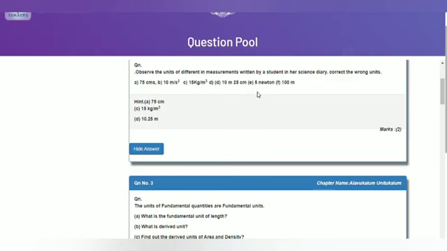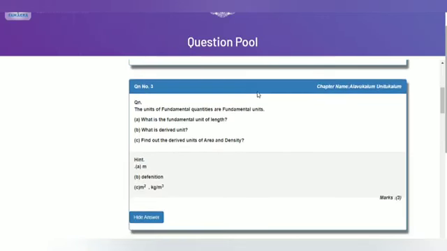D, 10 meter 25 centimeter, that is 10.25 meter. E, 5 Newton 100 meter. So the units which have to be corrected are 75 centimeter, 15 kilogram per meter cube, and D, 10.25 meter.